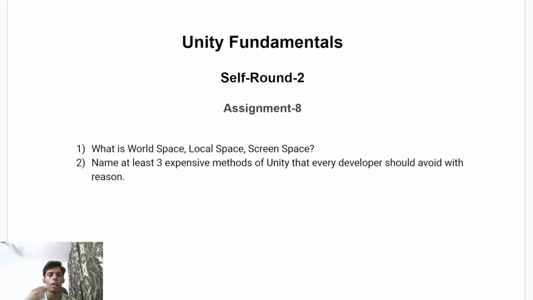Second is local space. Local space refers to the coordinate system where position and orientations are defined relative to the local origin of the object. Each object in the game or scene has its own local coordinate system, which is independent of other objects. So in local space, the object's position and rotation are determined relative to its own origin.